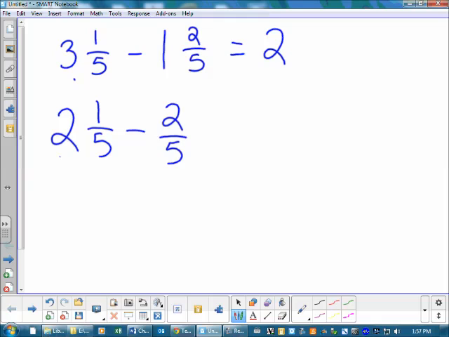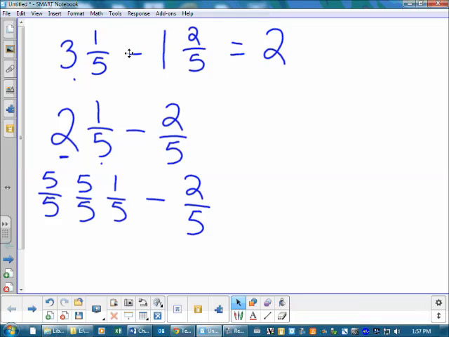Now remember, because our denominator is out of 5, these two wholes are like 5 out of 5 and 5 out of 5. And then, of course, you have your fraction, 1/5, and we are trying to take away 2/5. One of these fifths we can take away right here, so we can get rid of that one.